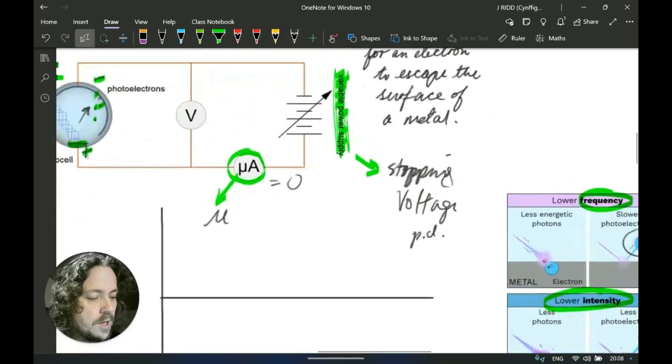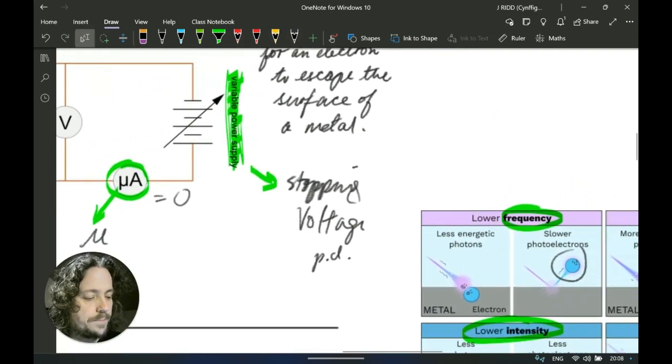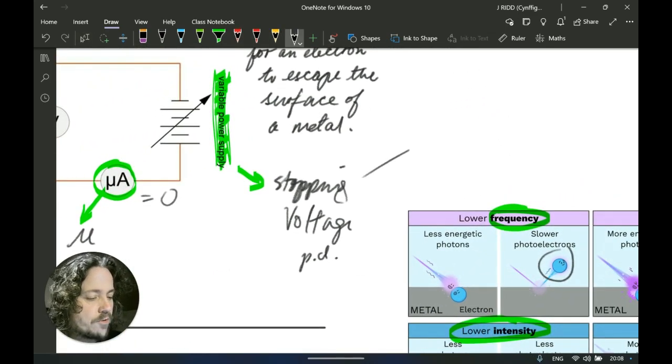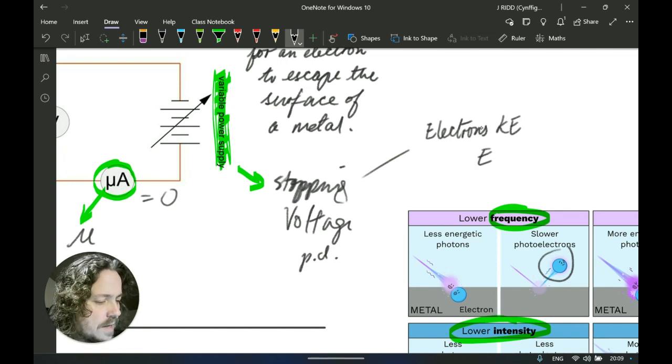Okay. So here's the thing. We've got these electrons, right? The electrons are going to have kinetic energy. We often call this EK max. They're going to have a certain amount of kinetic energy, and remember, that's the kinetic energy that they've got left over after they've gone up the hill.